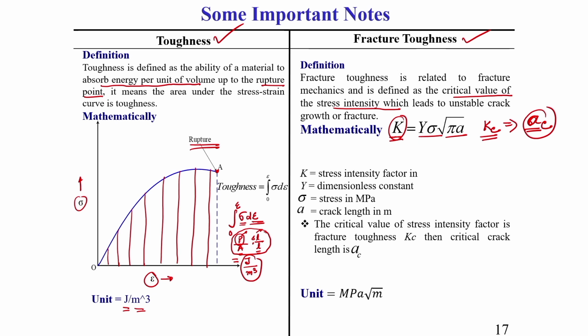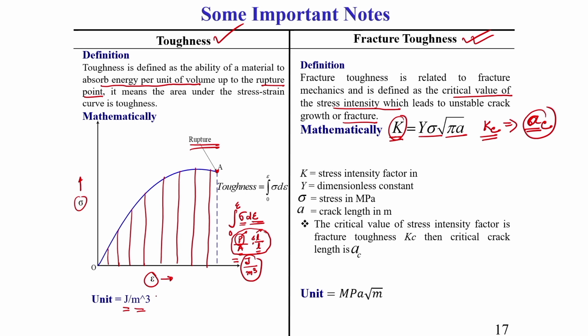This critical stress intensity is known as fracture toughness. So, fracture toughness is related to fracture mechanics and is defined as the critical value of stress intensity which leads to unstable crack growth or fracture.